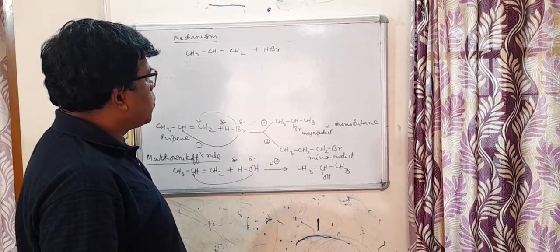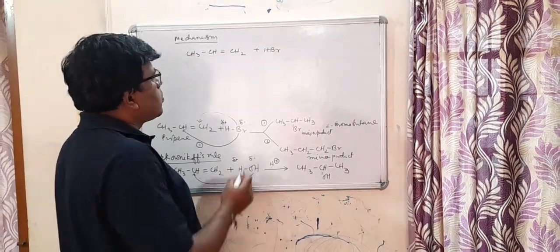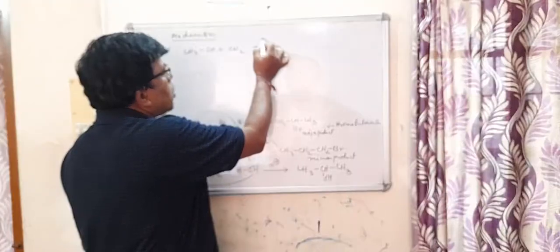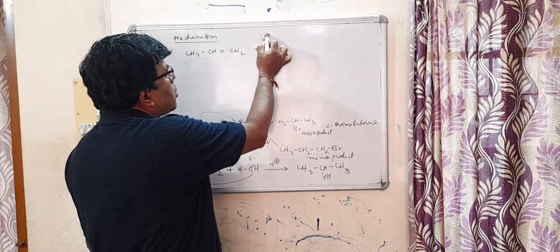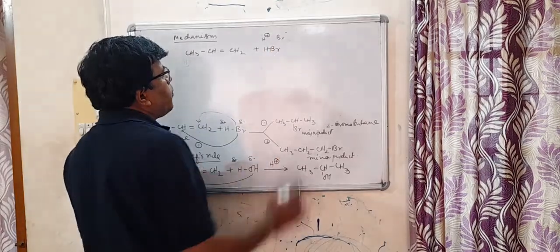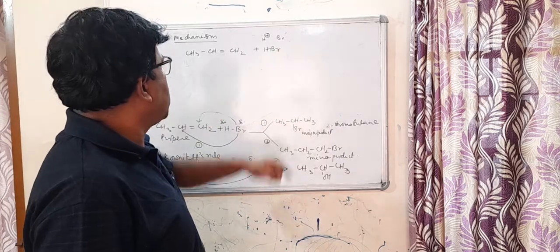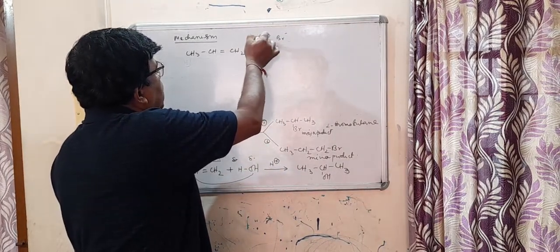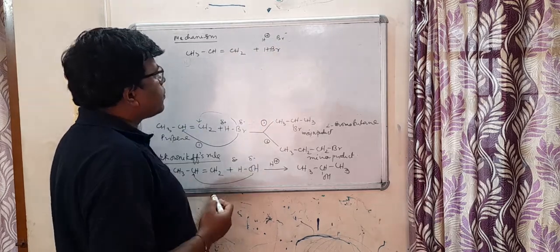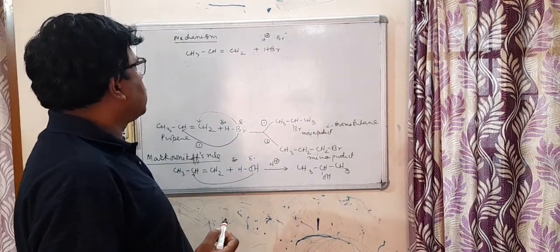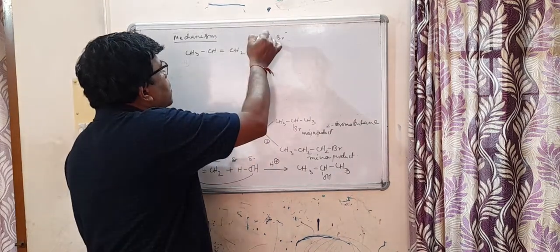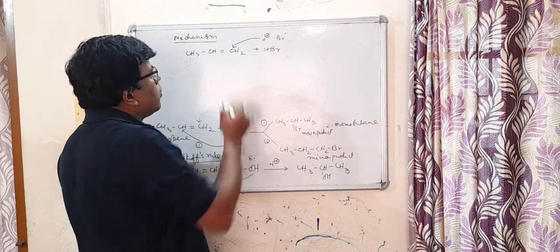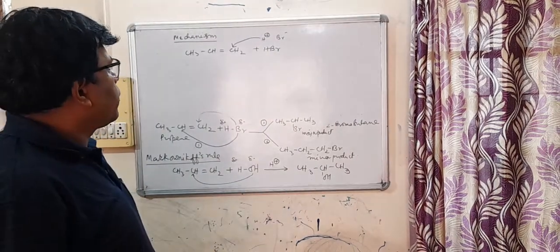Then what will happen is this HBr will ionize into H plus and Br minus, and this H plus will attack. Suppose H plus is attacking here.